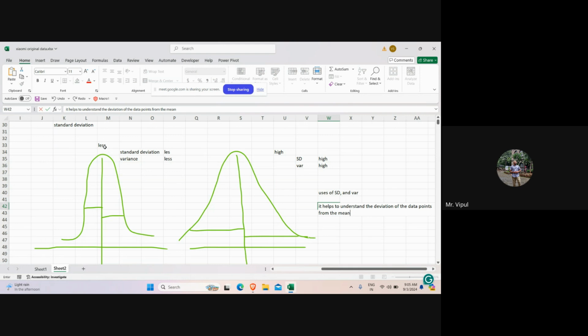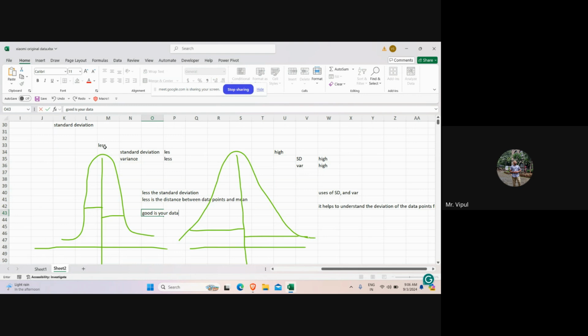So the less the deviation, the better is your model or your data. So the less the standard deviation, the less is the distance between data points and the mean, and the better is your data, right?